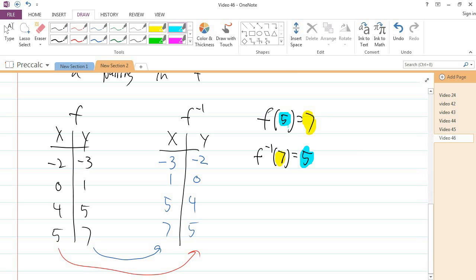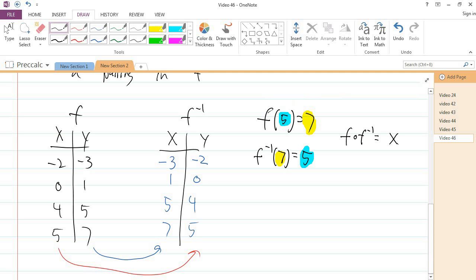I put a 5 into f and got a 7 out of it. If I put that 7 into f inverse, I end up with a 5 again. So no matter what I put into f, if I do f inverse of that result, if I compose f and f inverse, what I get back is whatever x I put in in the first place. Inverses undo each other. Okay?